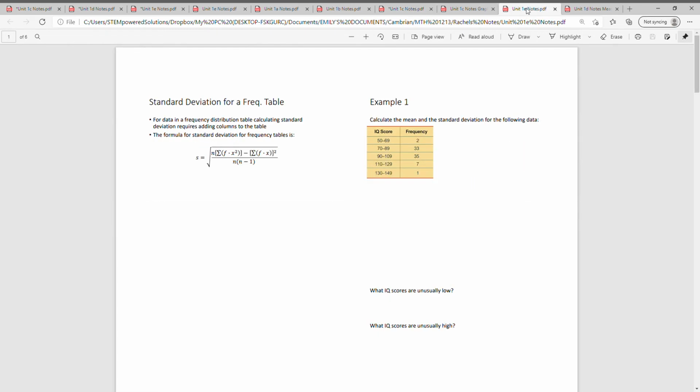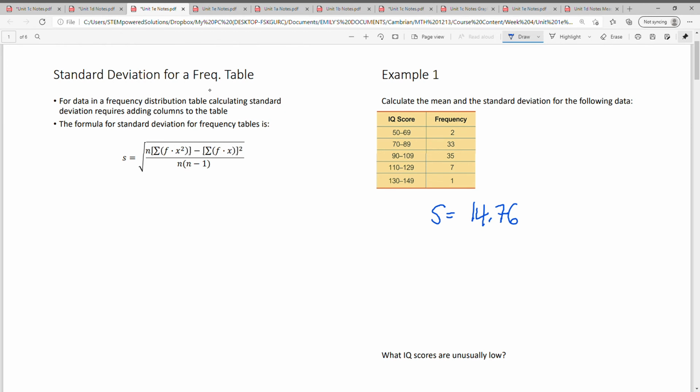Okay, so I'd have to find the average and then do plus or minus 2 standard deviations.